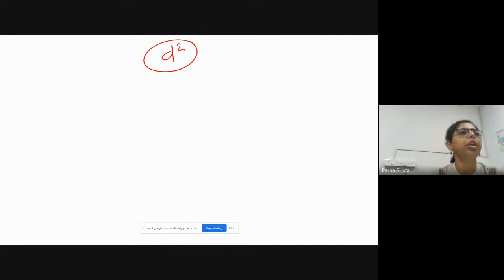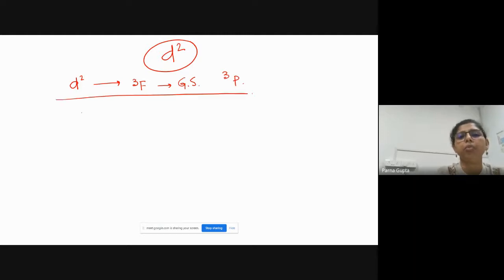What happens when a D2 system? For the D2 system, we have seen that 3F is the ground state, right? And then you have the 3P. If you remember from the last day, you have these things in your slides.